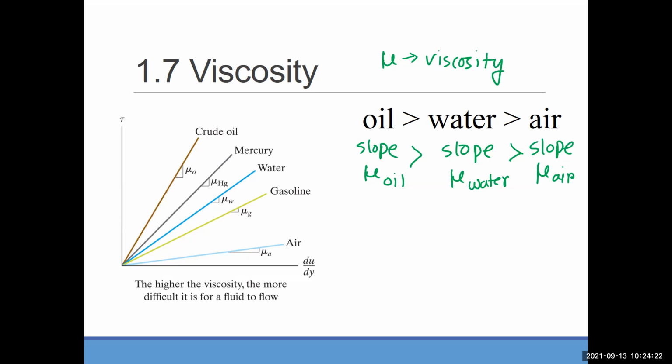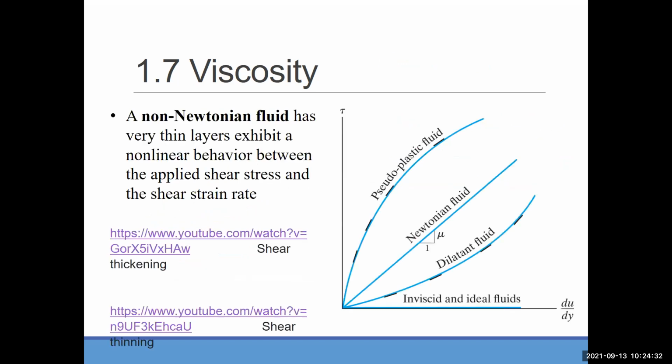But when I didn't apply too much force, my finger was slowly going inside that fluid, right? So this type of behavior, when the viscosity is not constant with shear stress, what type of fluid is that? Non-Newtonian.